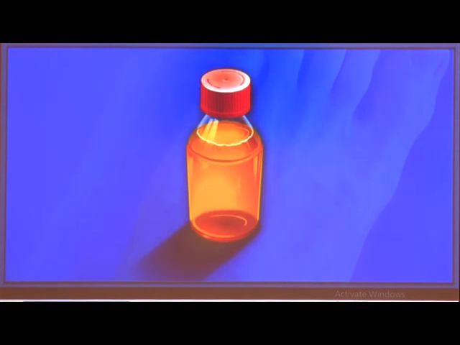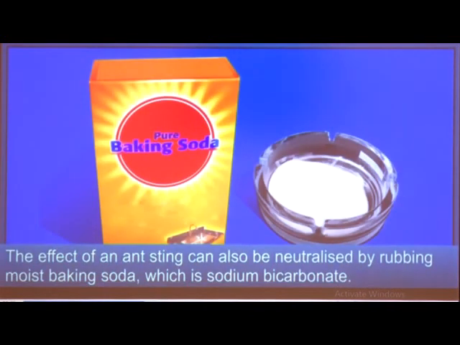Calamine lotion contains zinc carbonate, which is basic in nature and helps the person get relief from the pain caused by the sting. The effect of an ant sting can also be neutralized by rubbing moist baking soda, which is sodium bicarbonate.